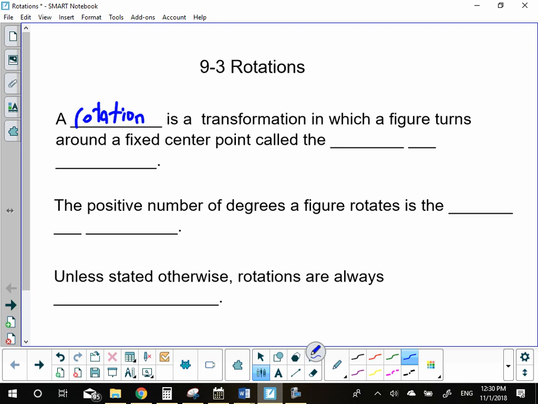And then what are we going to call that fixed center point? The center point being rotated is the center of rotation. And the positive number of degrees a figure rotates is the degree of rotation.